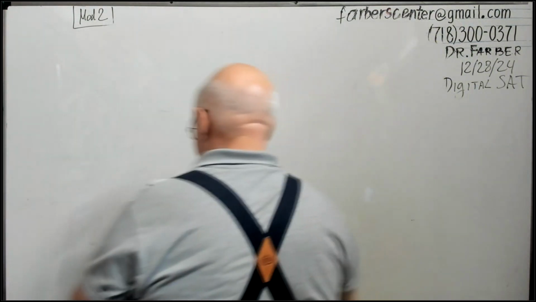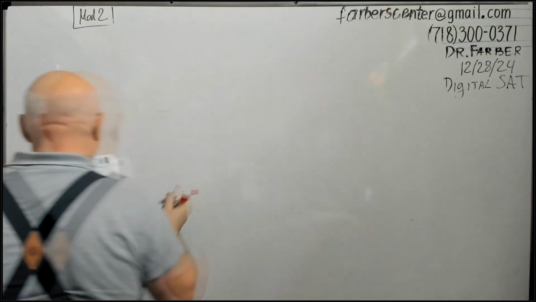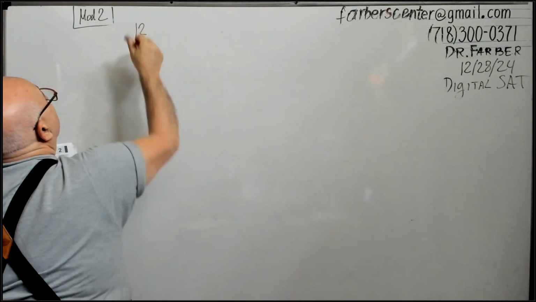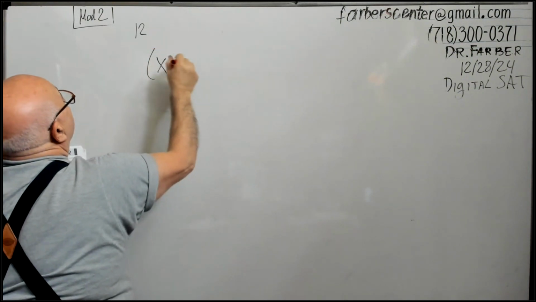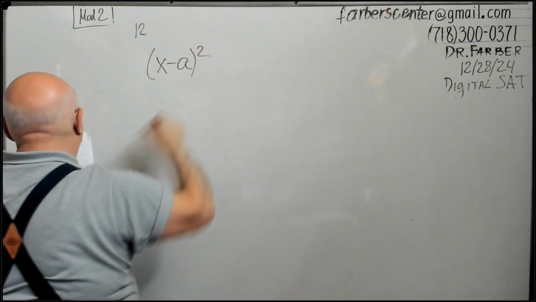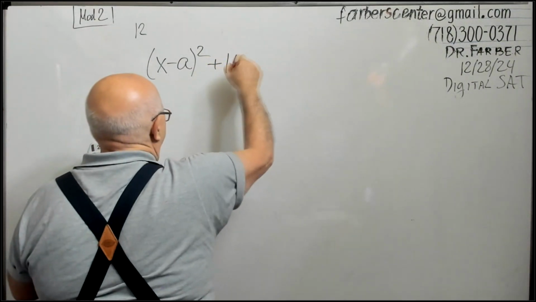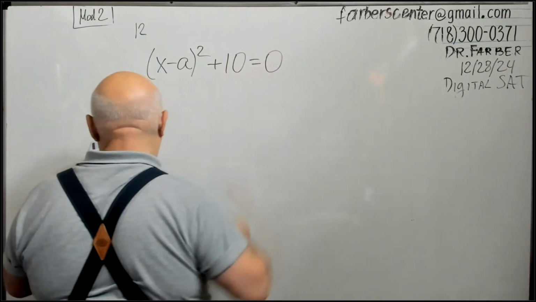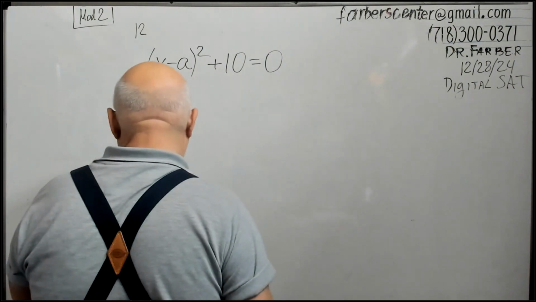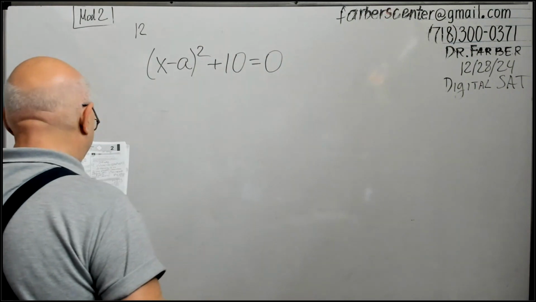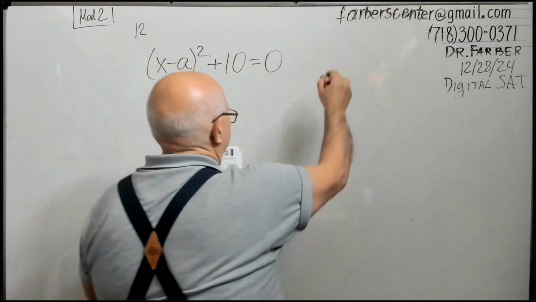In 12, (x minus a) to the second plus 10 equals 0. r and s are solutions.